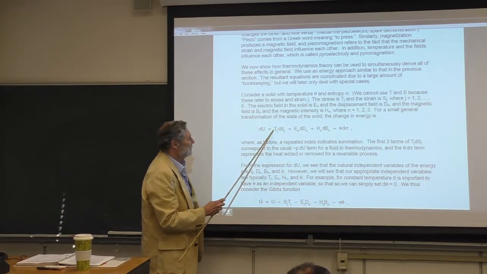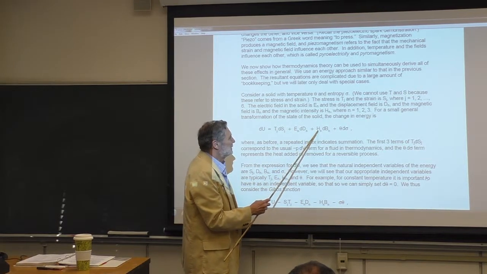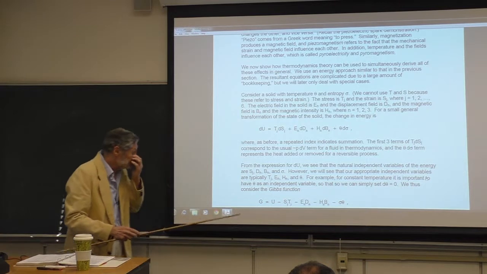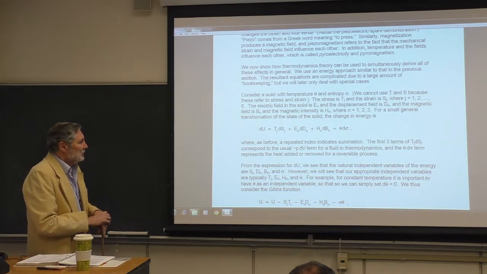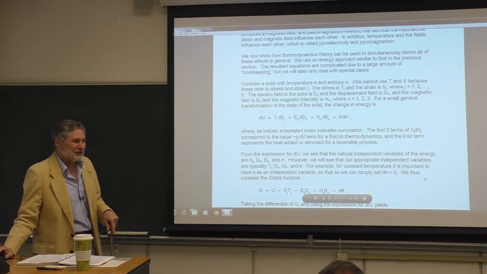It's actually the stress, the electric field, the magnetic intensity, and the temperature. It's better for us to think of those as the independent variables. So we can make that switch with what's called a Legendre Transformation.